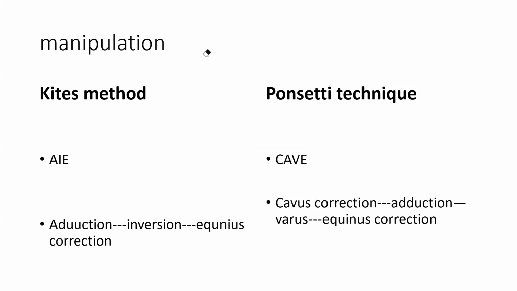You just remember these two different words. It's not that you first correct cavus and then touch adduction. Every time you manipulate, all movements are occurring. Adduction is getting corrected, equinus is too, cavus is too. But the first correction you should achieve is cavus, then adduction, then varus, then equinus.